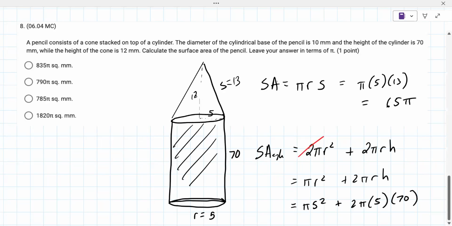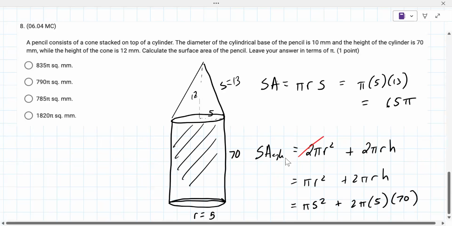So 5 squared is 25, plus 75 plus 700. I got 725 pi.